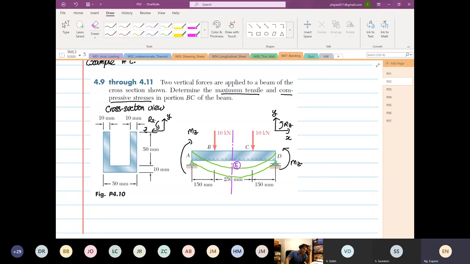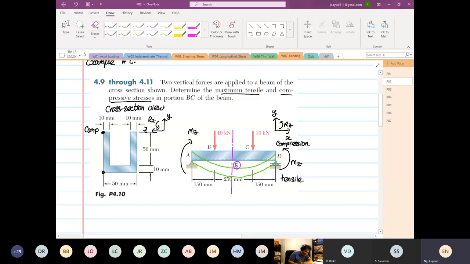So based on how your moment is applied, we know that the top, based on MZ, will be under compression. The tail end of the moment arrow is going to be tensile. Coming back to the figure, at this tip where I'm drawing a circle, this will be under compression.